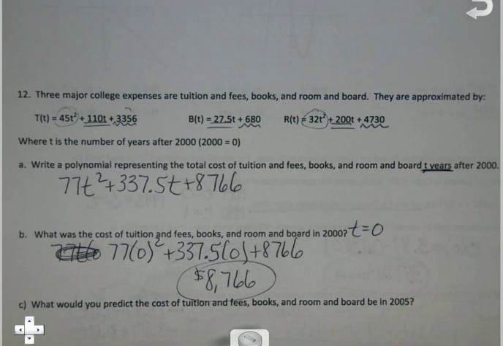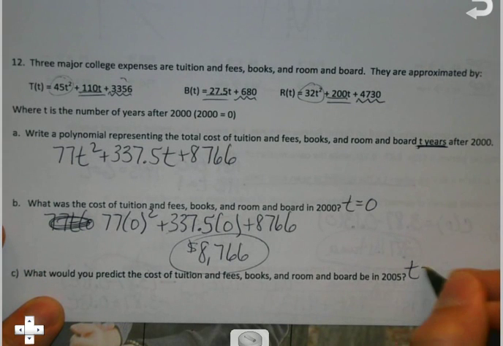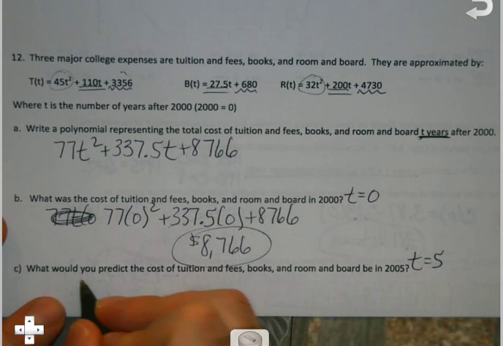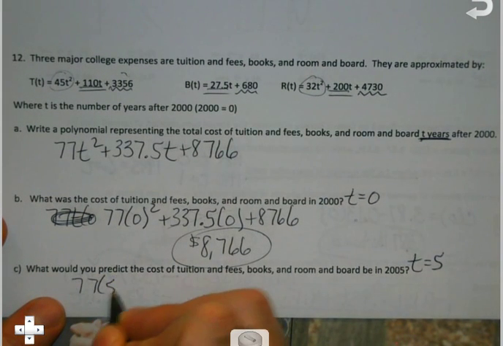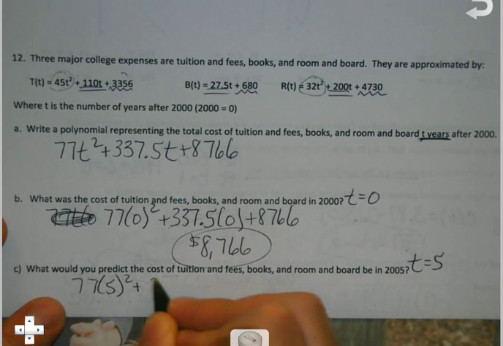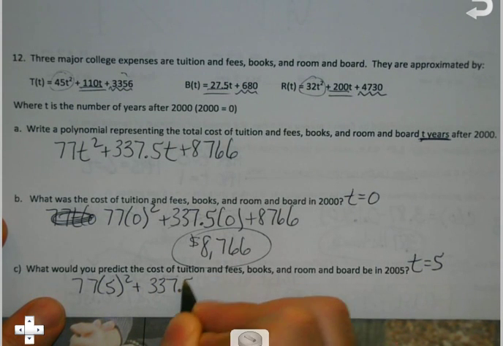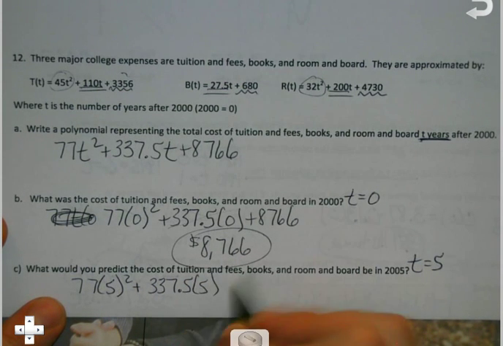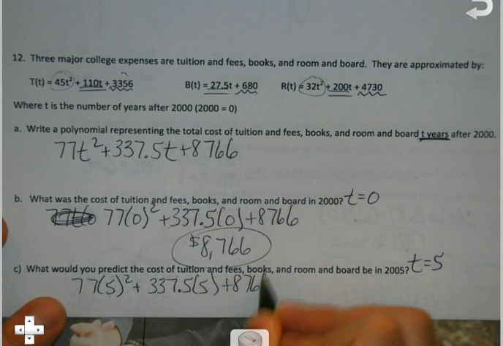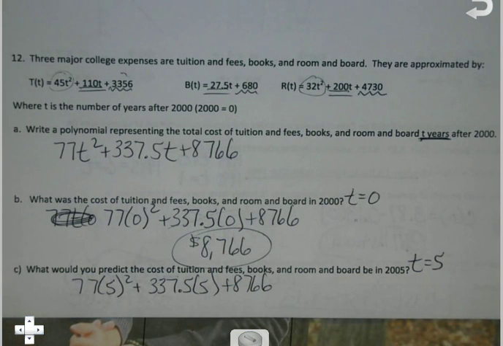So, okay, what would you predict the cost of tuition and fees, books, and room and board to be in 2005? What's my t value going to be? 5. So I'd go back to that same expression, and I'd work my way through this one.